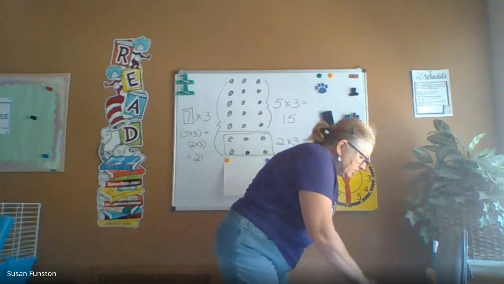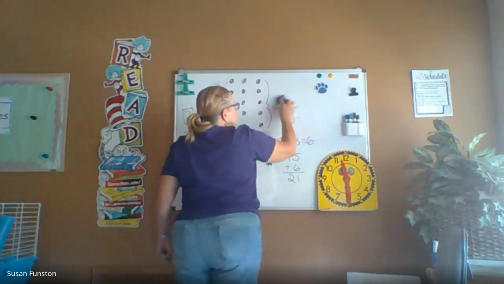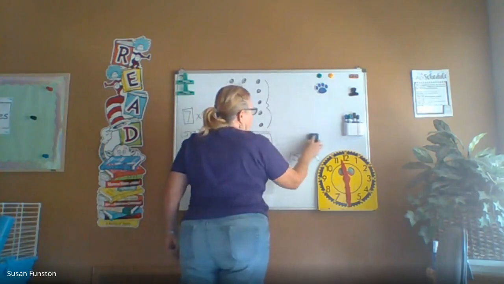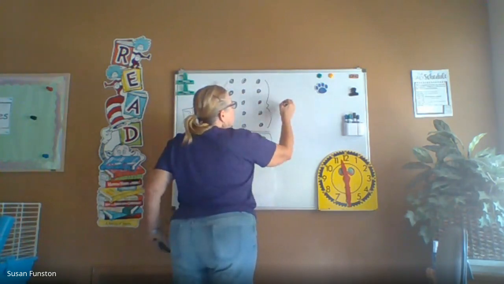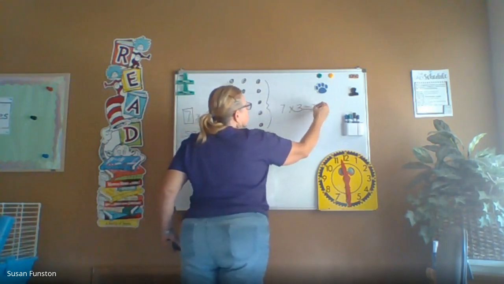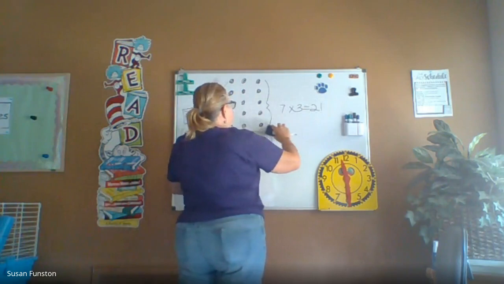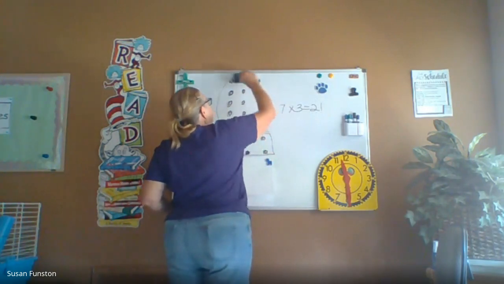Okay, so now I know what 7 times 3 is, right? I know that 7 times 3 is 21. Okay, and I'm going to erase some of this. I'm going to use this array again.